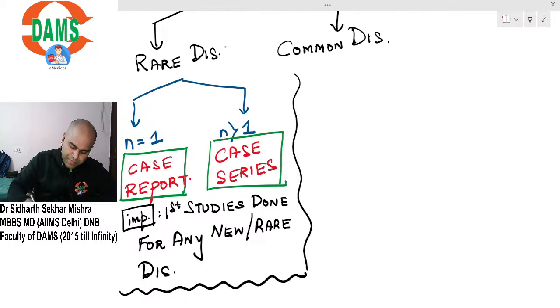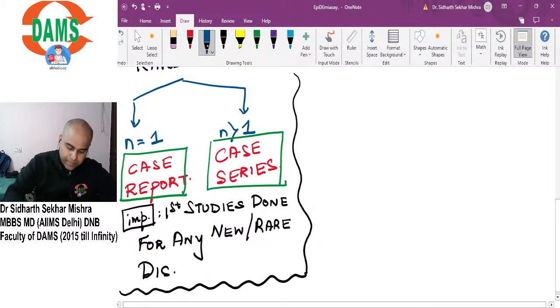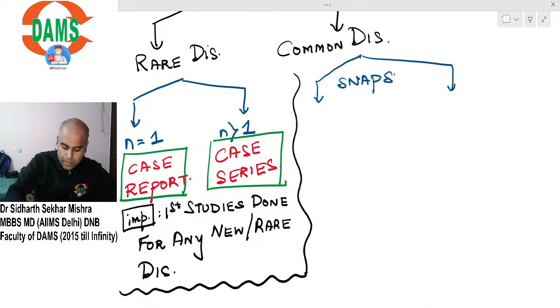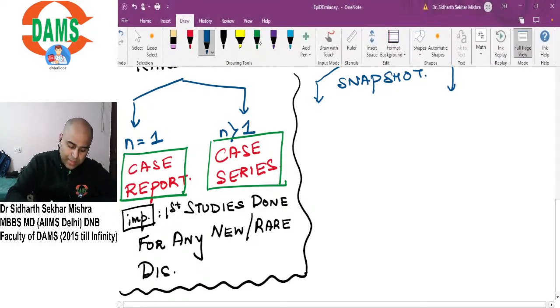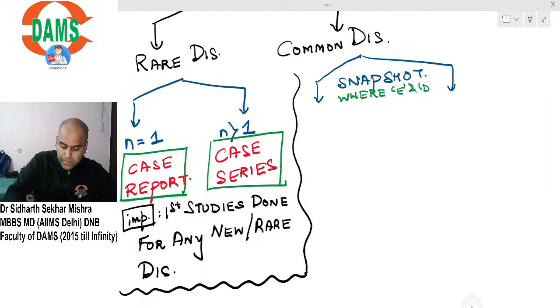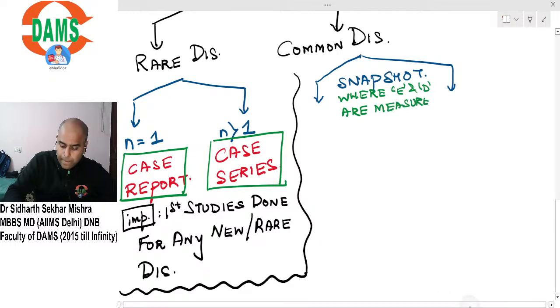Now guys, if it is a common disease, then we measure it in terms of a snapshot. So what is a snapshot? I take a camera and I click a photo. So a snapshot is something where exposure and disease are measured at the same time.